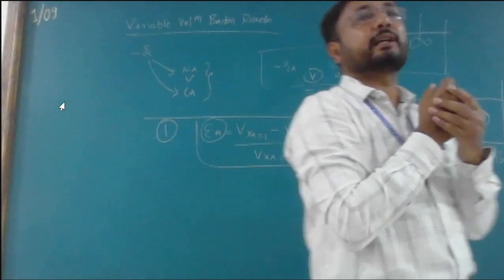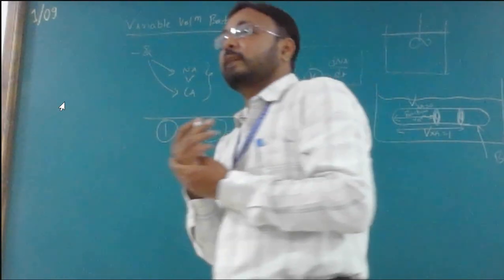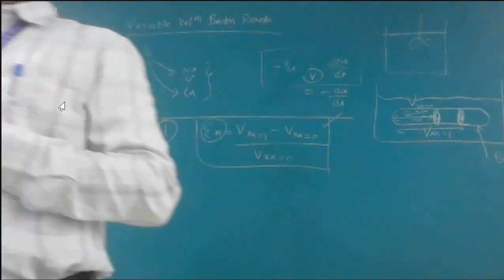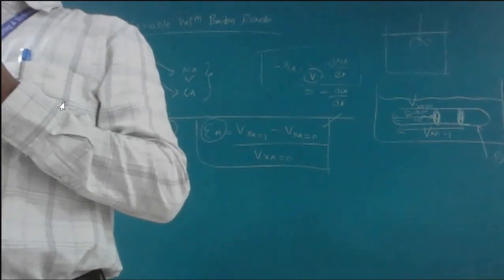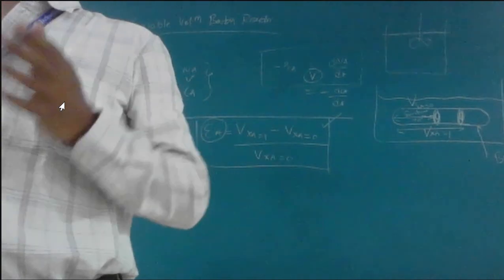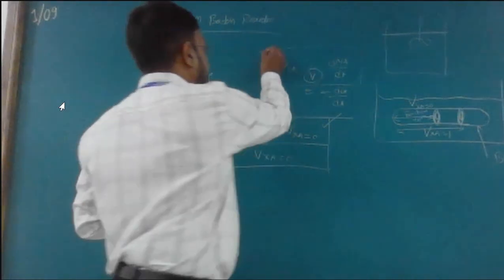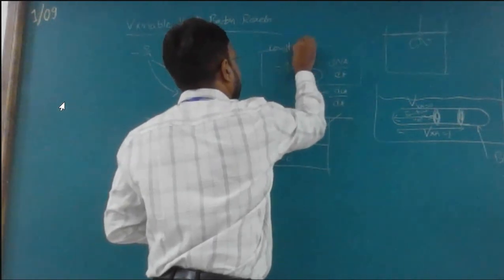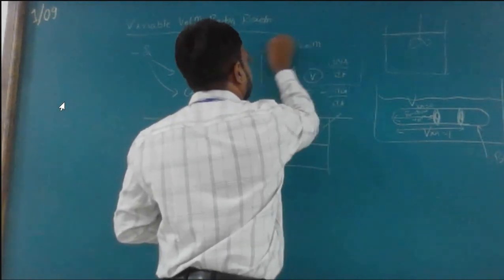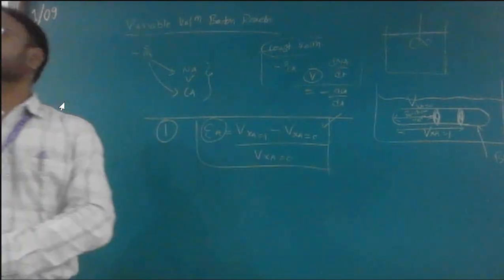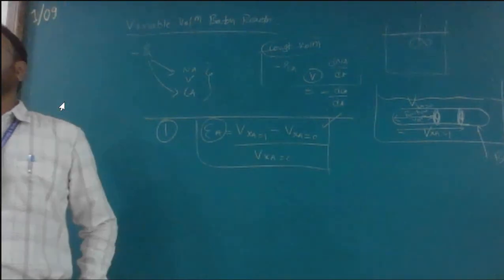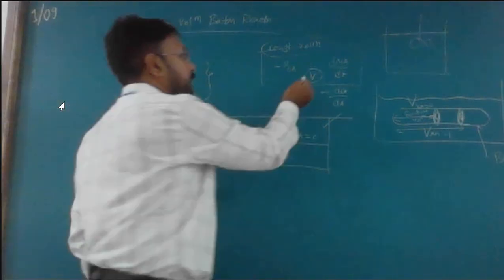For most reactions, because of the specific reaction nature, the volume of the reaction mixture is going to change. Whatever we have seen earlier, we considered a constant volume for the reactor system, so V was constant.